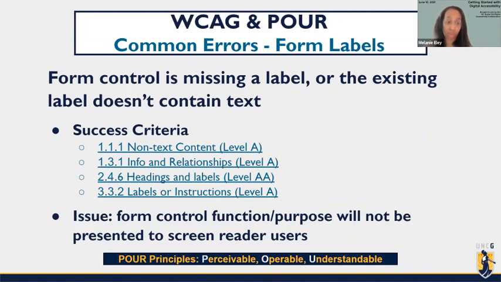What's the purpose of it? Why is it here? This can certainly cause confusion with navigating through the site, trying to operate it and use the different features that are there, and also with understanding the web content. Not having these labels can be confusing.